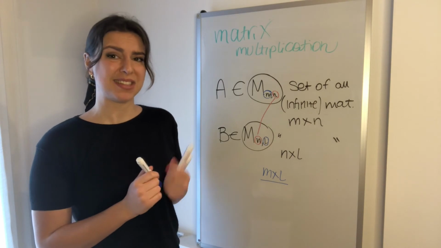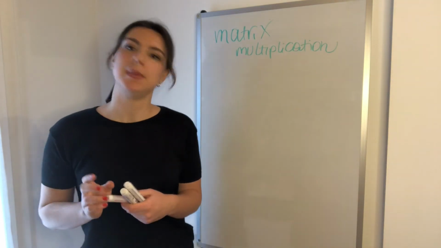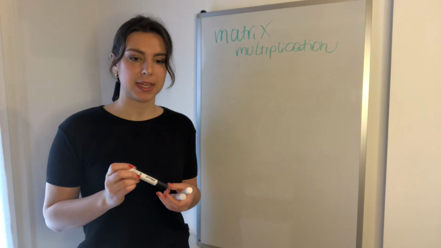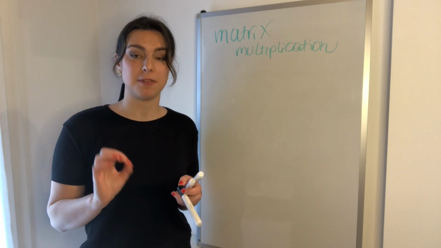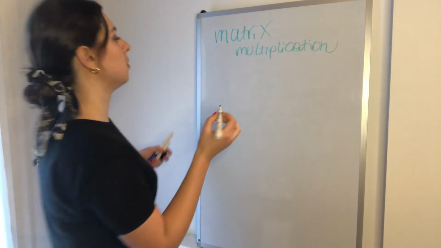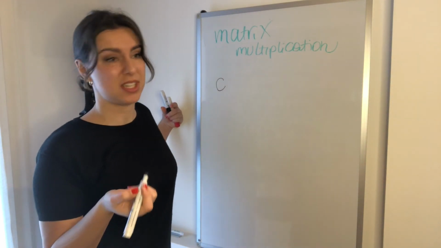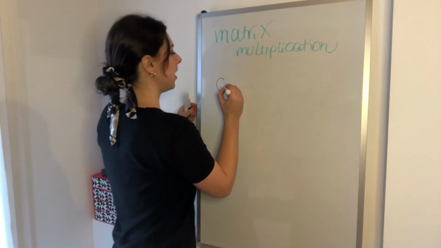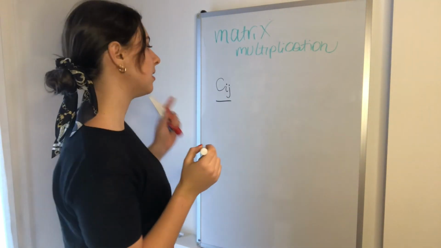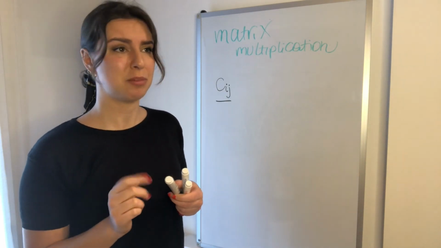So let's give an example. Actually, I decided to do something else before that, which would be to write the formula that gives us every single entry of the matrix. So we will call a generic entry of the matrix Cij, as I think we've already used this in the sum of matrices.